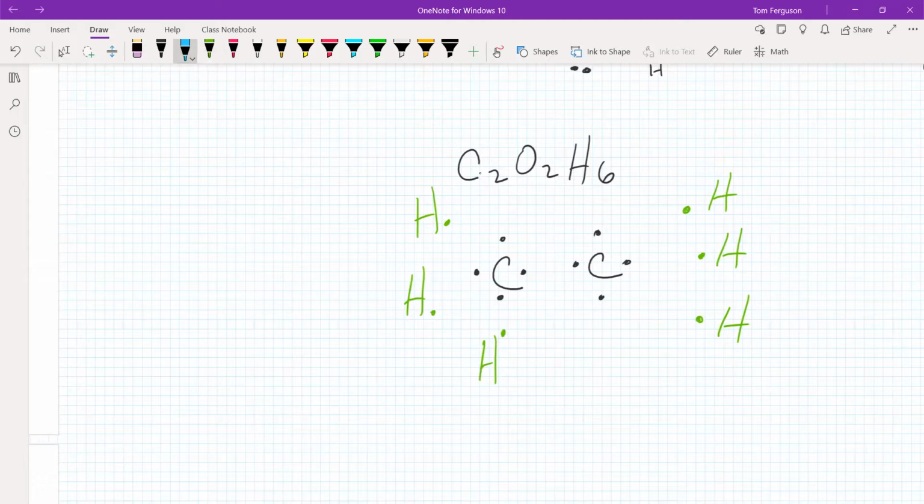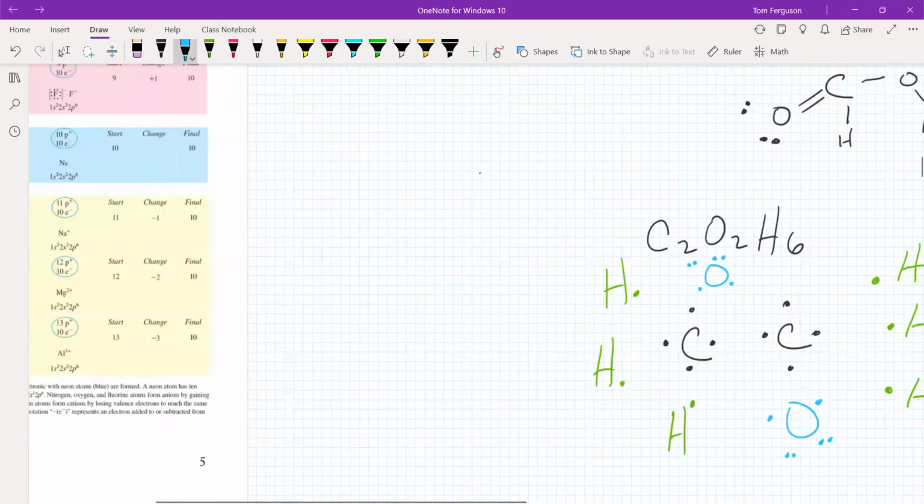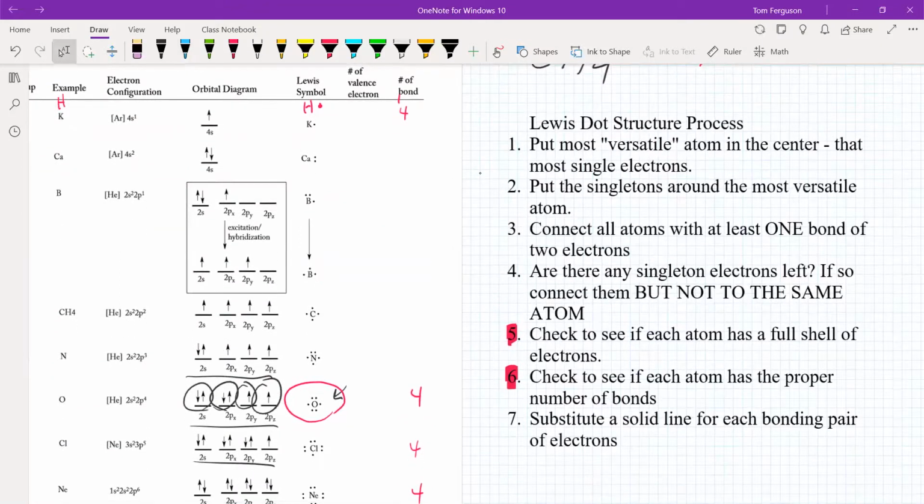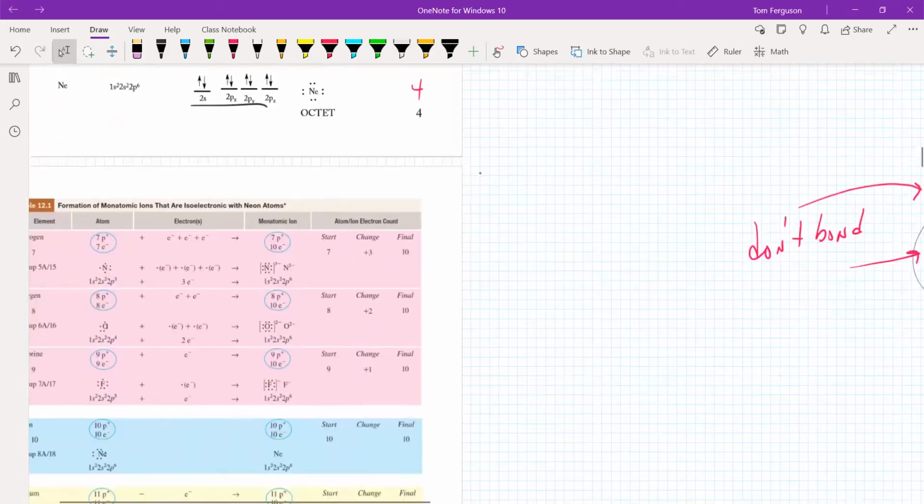And let's put them, I don't know. Okay, so that is step one. Step two. Step three is connect all the atoms with at least one bond of two electrons.